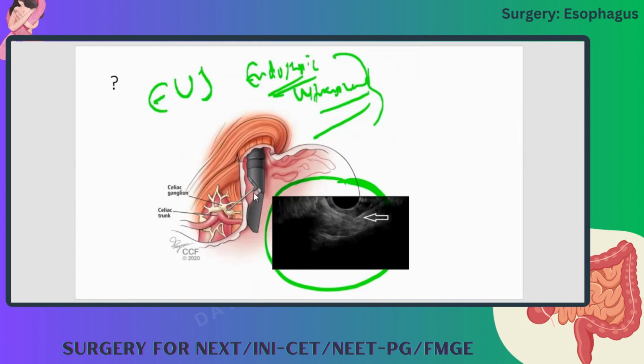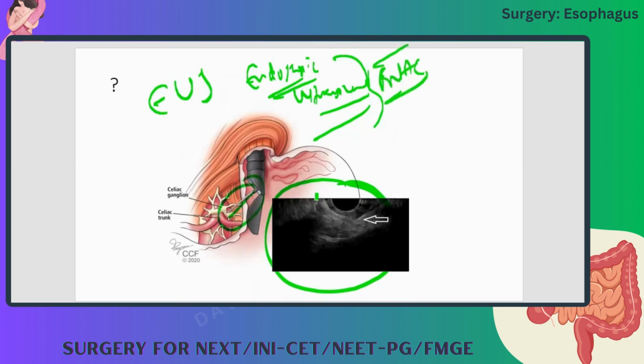Okay. It is piercing, right? We can take a biopsy with it, or we can do an FNAC with it. Clear? Clear, sir. Endoscopic ultrasound. Just remember the picture. And they are putting a small needle also through it. They are doing FNAC.